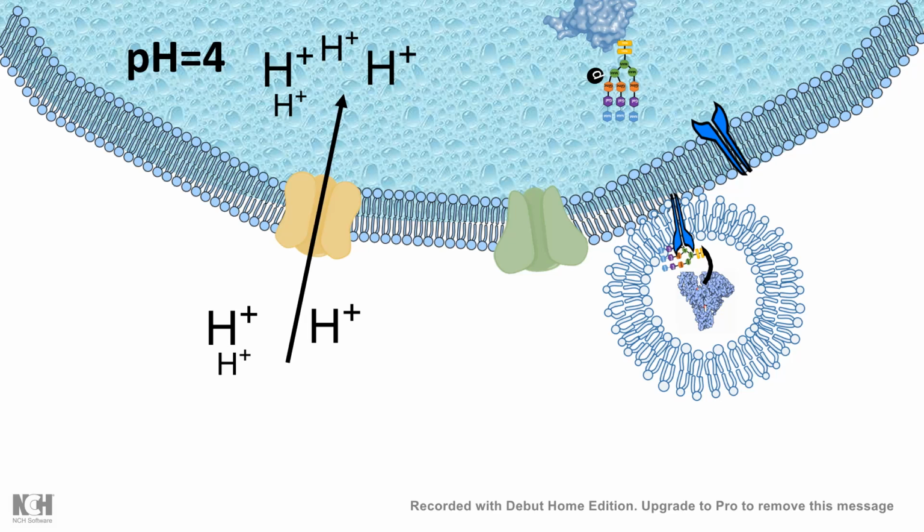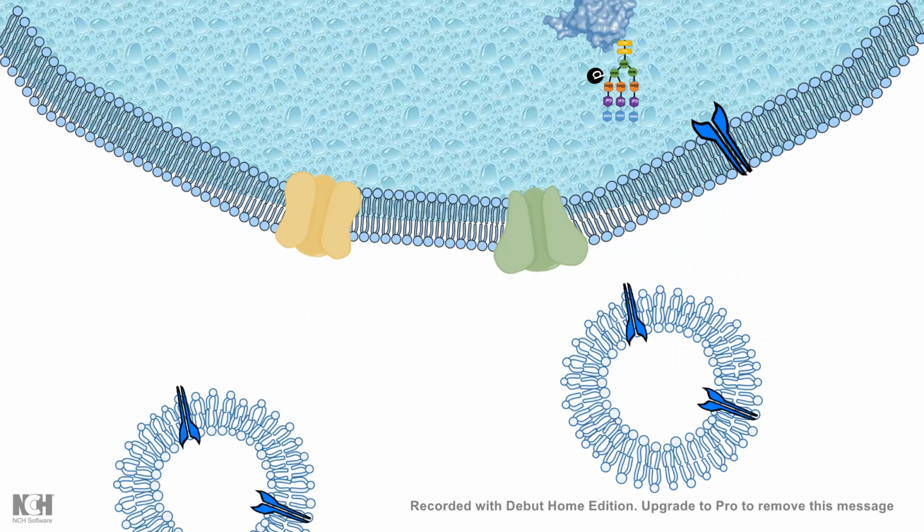There are other components which chop off this mannose 6 phosphate signal so that the enzyme that reached the lysosome cannot go back. Once it is done, the empty trucks, that means the vesicle, are carried back and might fuse with the Golgi with the help of retrograde transport.